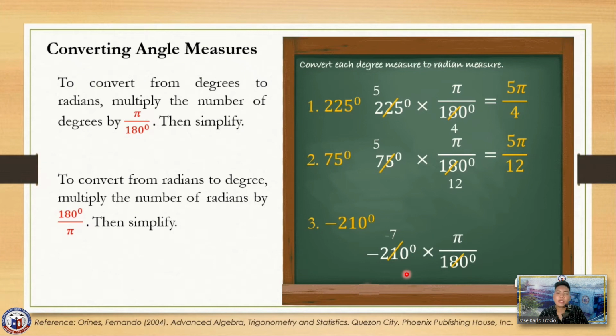Yes, it's 30. So the GCF of these two is 30. Negative 210 divided by 30, that's negative 7. And 180 divided by 30, that is how much? That is 6. Okay, so leaving you with the final answer, negative 7 pi over 6.